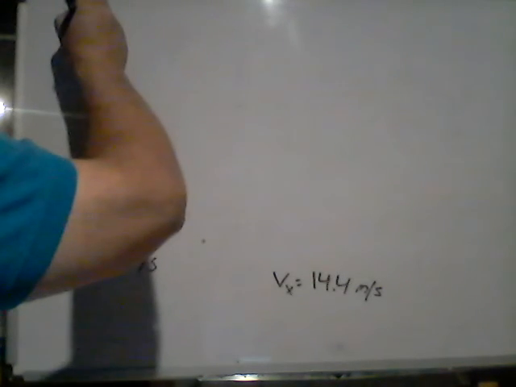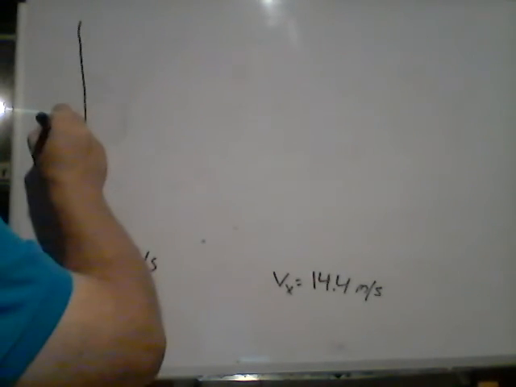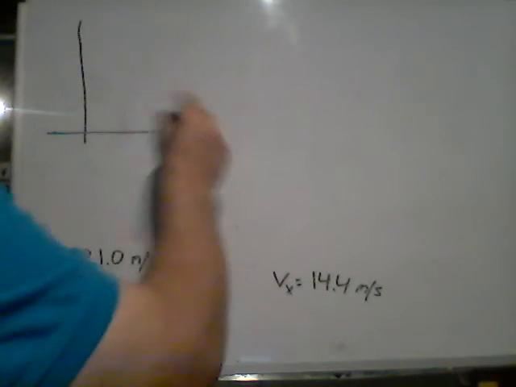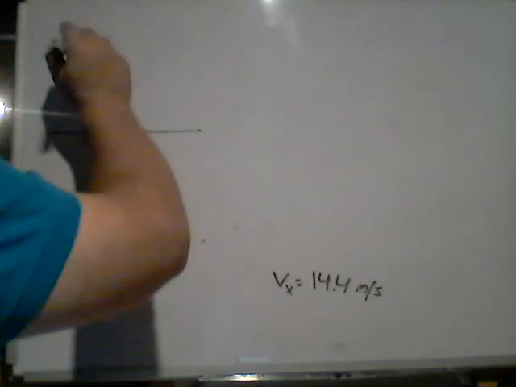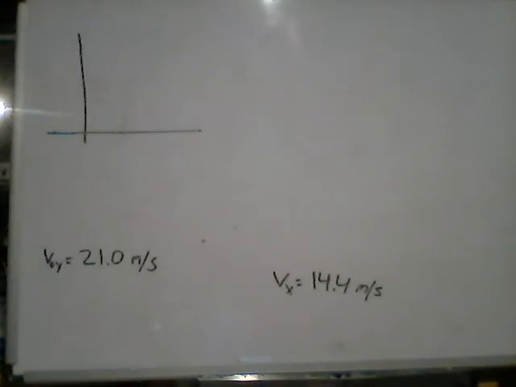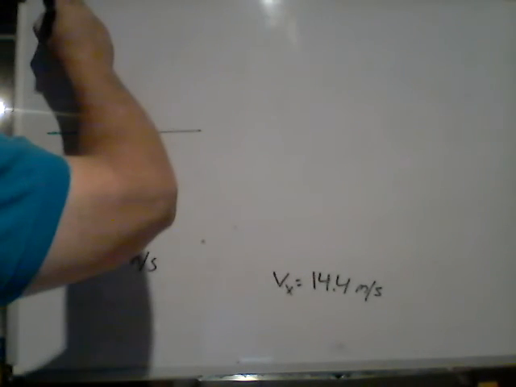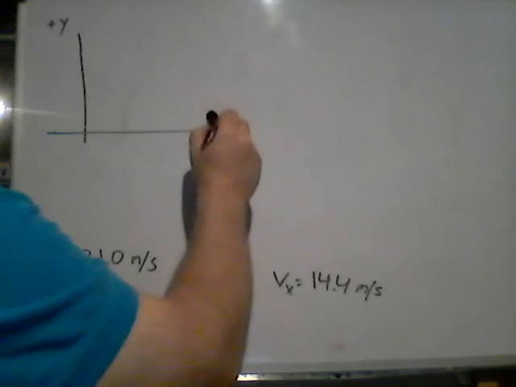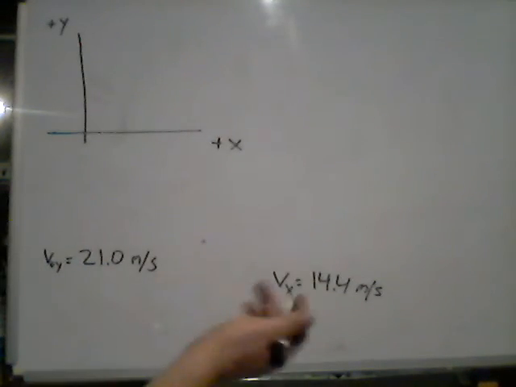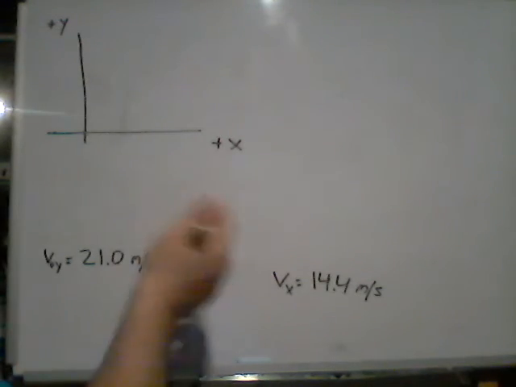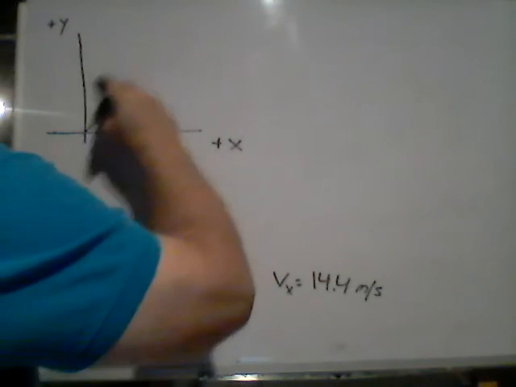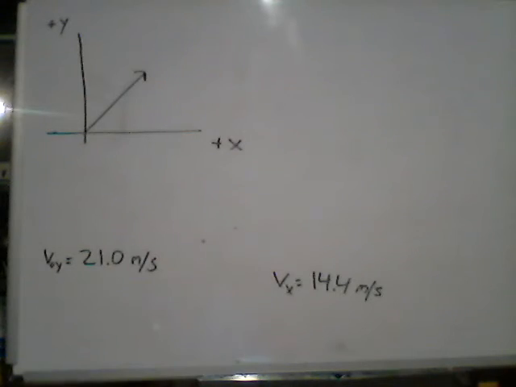So again, we have a y component and an x component. We expect there to be a positive y and a positive x. Whatever the velocity vector is, it's going to be some sort of vector in the first quadrant.